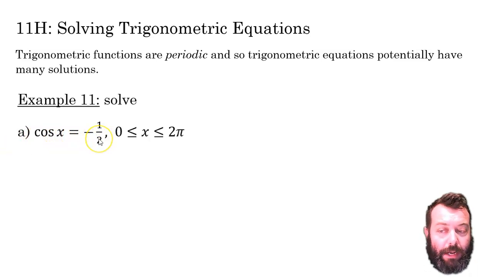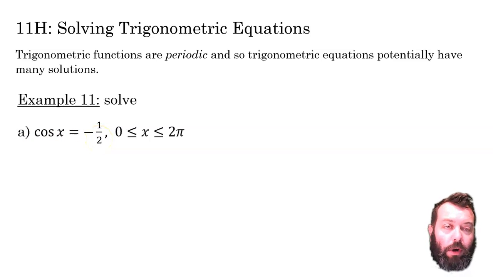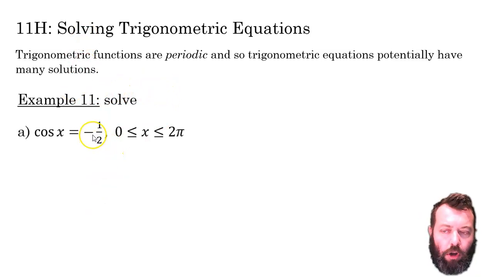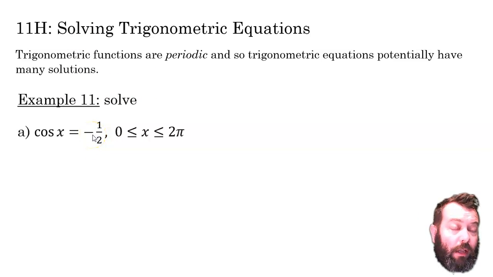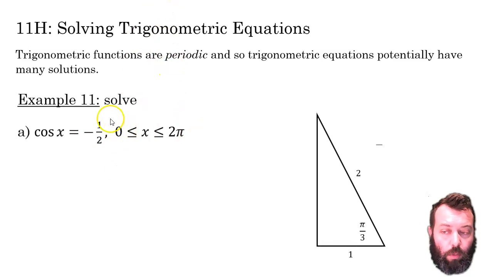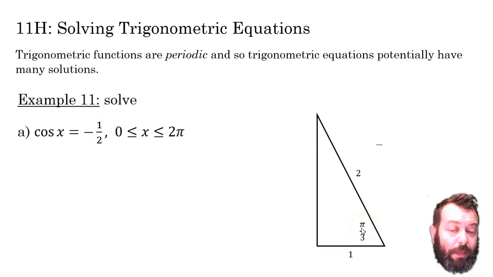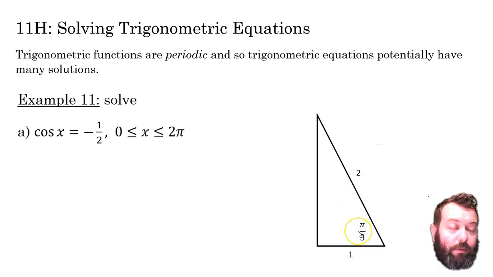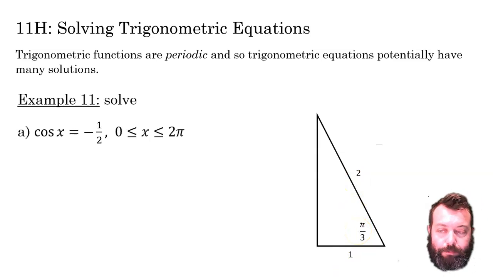cos x equals negative 1/2, and I'm looking for solutions where x is somewhere between 0 and 2 pi. So, if cos is negative, then I know that's in the second or third quadrants, and the inverse cos of 1/2, we might remember as being 60 degrees, or if we're dealing in radians, here's my triangle here, cos being adjacent on hypotenuse, the inverse cos of 1/2 is pi over 3 radians.